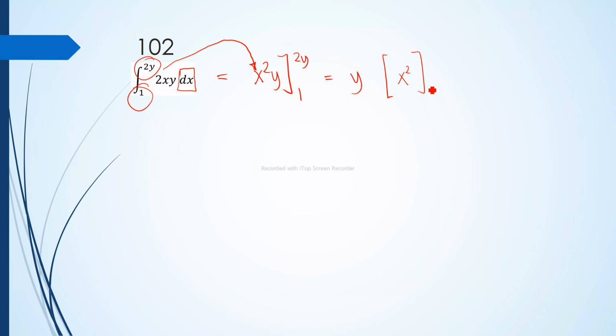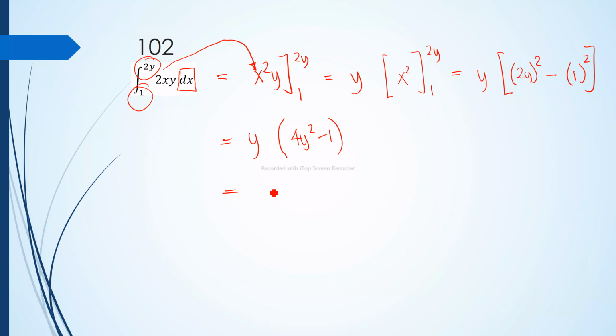We have x squared evaluated from 1 to 2y, times y. So we have y times 2y squared minus 1 squared, which is y times 4y squared minus 1. To simplify, we have 4y cubed minus y. This will be the particular answer for this specific problem. It is that easy.